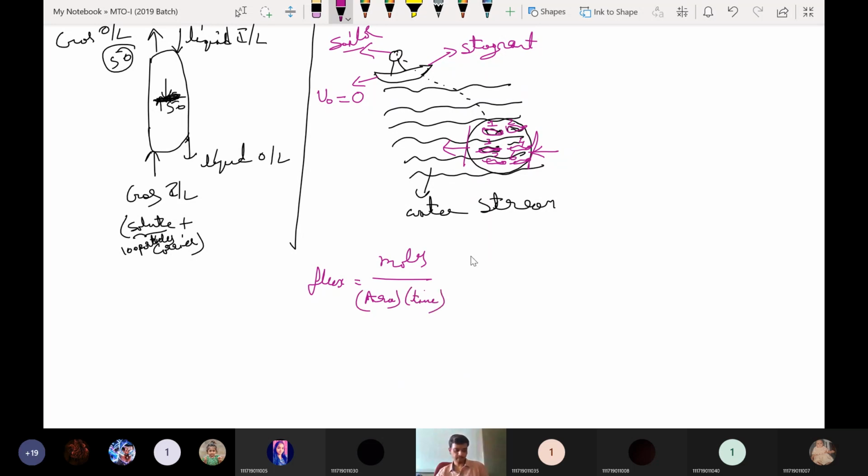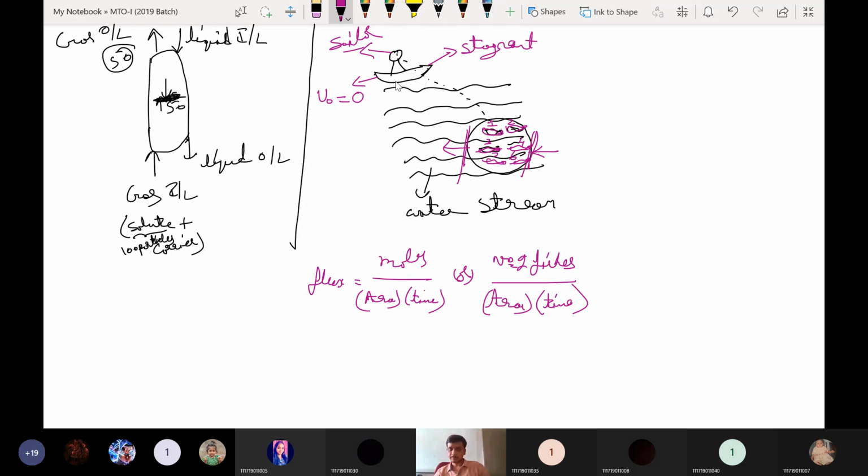In our macroscopic terminology, we can say the number of fishes entering and leaving our control volume divided by unit area of that control volume, then divided by time. So this is normally the definition of our flux.